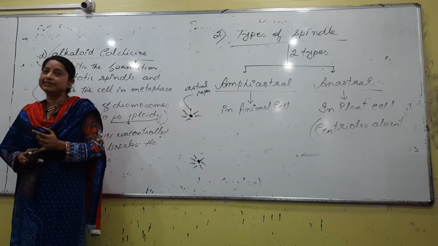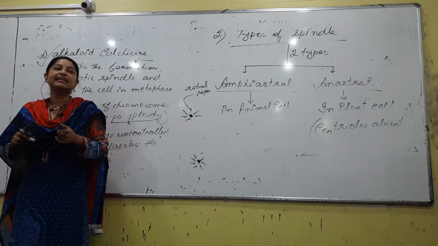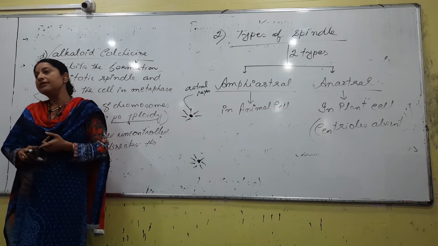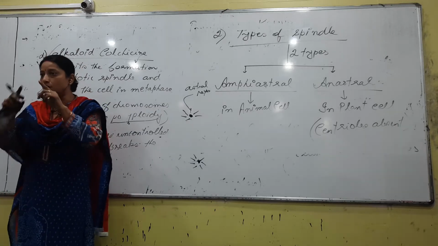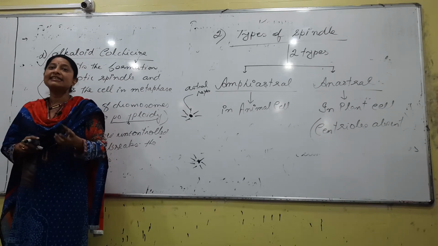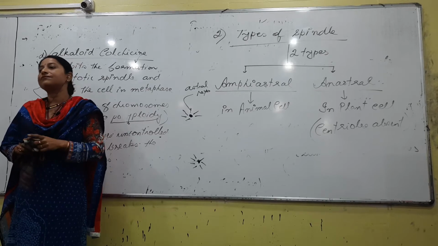In a plant cell the centriole is absent. Does that mean spindle doesn't get formed? No, spindle gets formed. There is no centriole, but the proteins needed to form that spindle get synthesized in the plant cell during cell division.